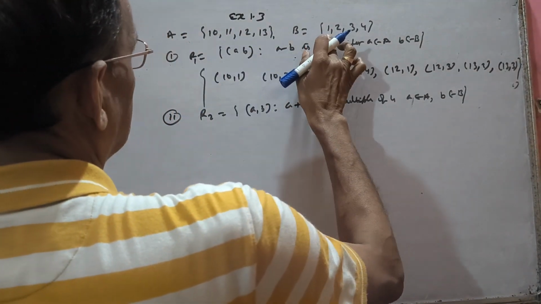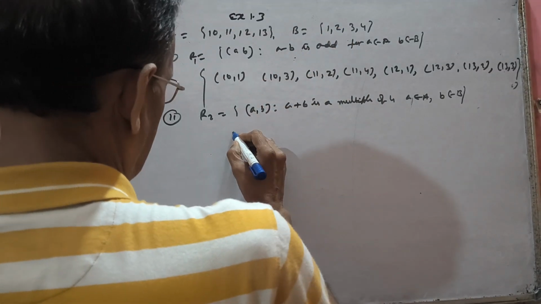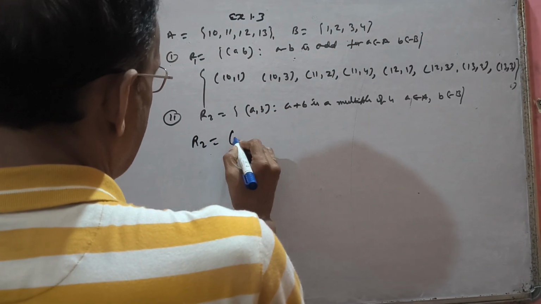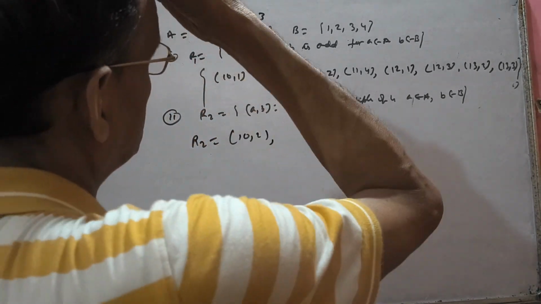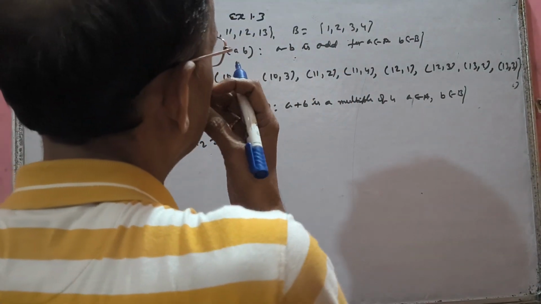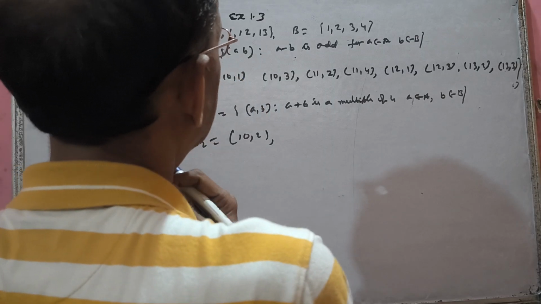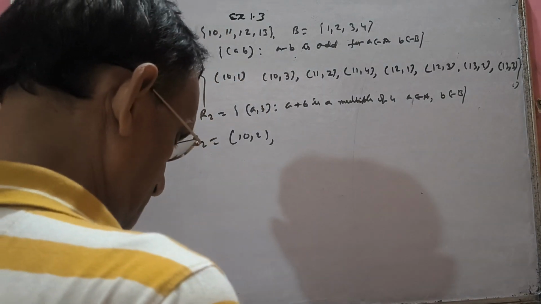So 10 plus 1 is 11, no, 10 plus 2 is a multiple of 4, so 10, 2. Then 10, 3, no, 10, 4, no. 11, 1, no.